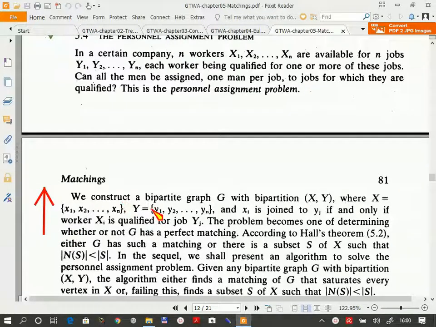You construct a bipartite graph with that bipartition. Workers on one side and jobs on the other side, and you put an edge between a vertex of X and a vertex of Y if and only if that particular worker is qualified for that particular job. And then what you want to find is whether or not there is a perfect matching, so that each worker has exactly one job, and each job is worked on by exactly one worker.